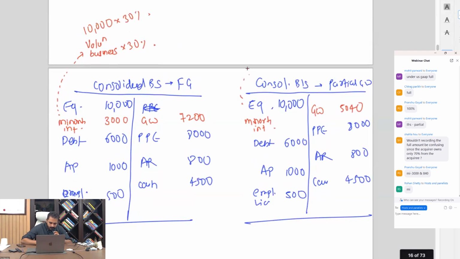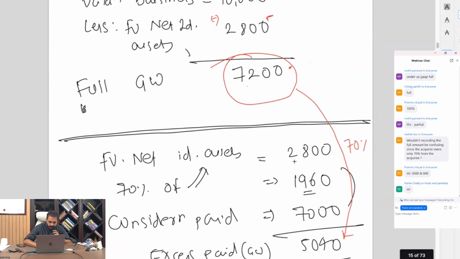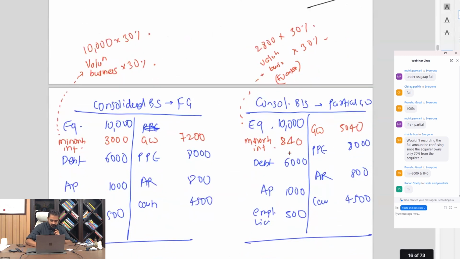Whereas here, the valuation of the business is fair value of net identifiable assets, because that's how you do it in IFRS. Fair value of net identifiable assets is 2,800 into 30%. How much is that? 840. So 840 is the minority interest here.